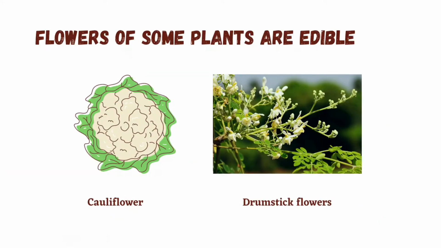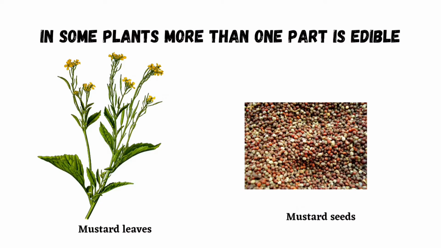But do you wonder if I say that flowers will also store the food material in some plants, such as cauliflower and drumstick flowers? Here the flower stores the food materials as well and they become an edible part of the plant. Okay.